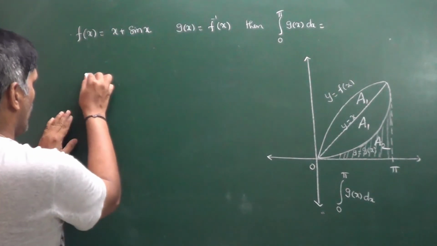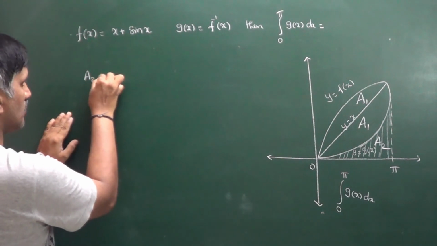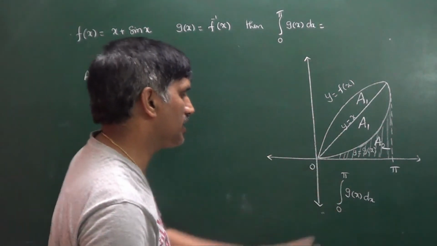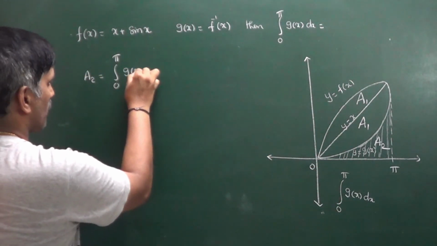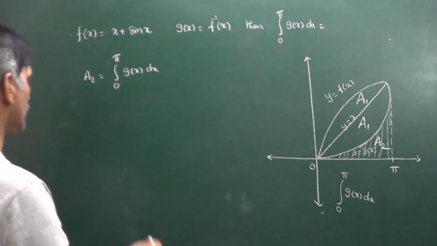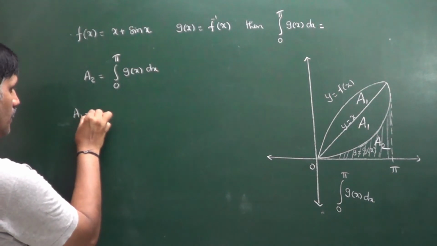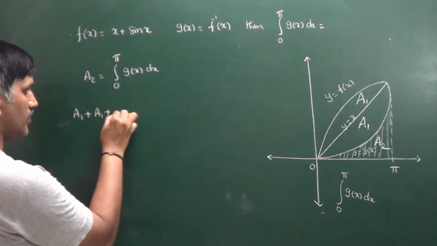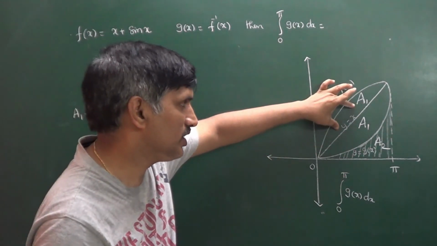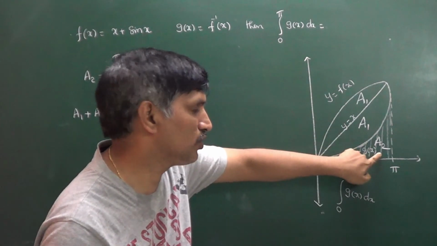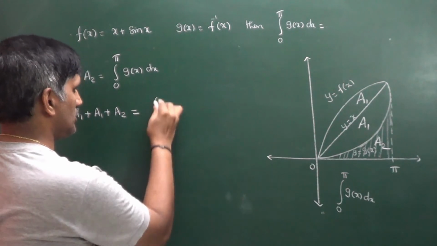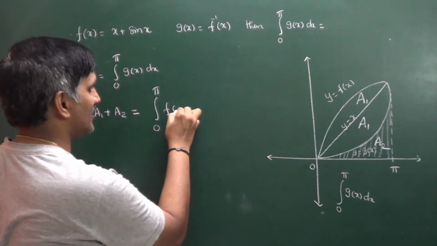So now A2 is nothing but integral 0 to pi g of x dx. Whatever is asked in the question, that is what we have to find out. But we know that A1 plus A1 plus A2 is equal to this total area: this portion is A1, this portion is A1, and this portion is A2. This total area is equal to integral 0 to pi f of x dx.